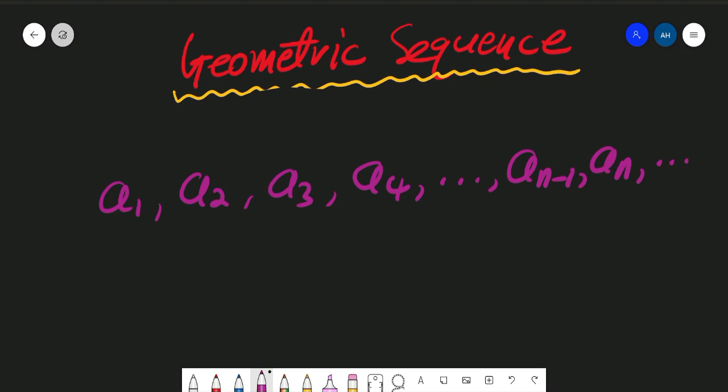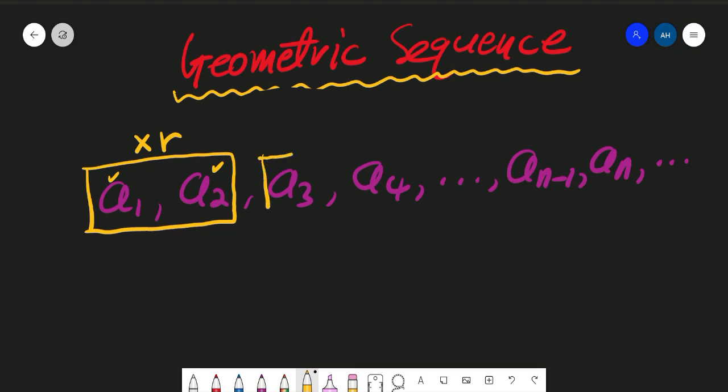Now for a geometric sequence, they have a very special characteristic. For any pair of terms in the sequence, to find the next term, for example, to find A2, the previous term, that is A1, we have to multiply by a very special number, that is what we call R. So A1 multiplied by R, we have A2. The same thing goes for any other pair, for example, A3 and A4.